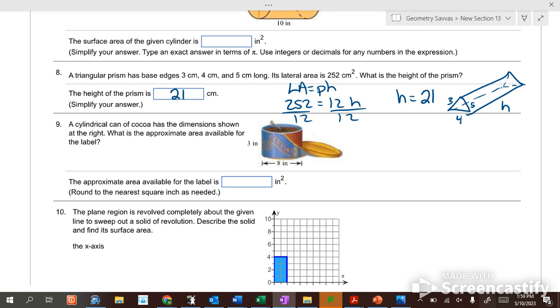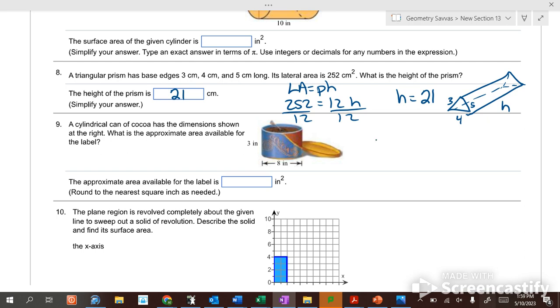21. Okay. The can of cocoa has a dimension shown for the height. What's the approximate area for the label? The label is what wraps around. So if it's just the label, is it the lateral area or its surface area?